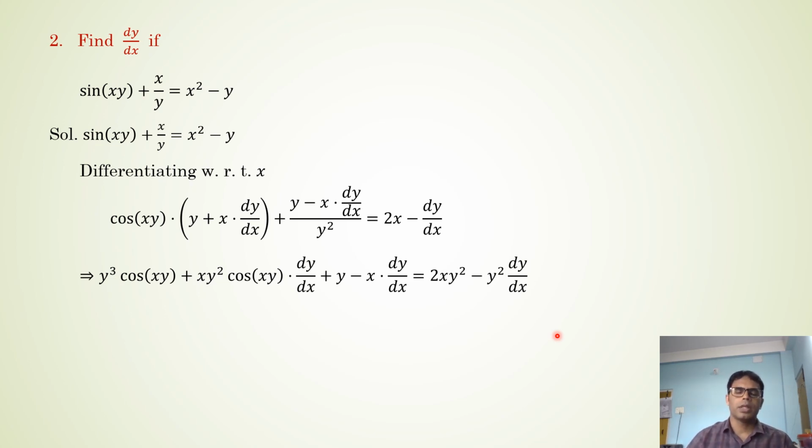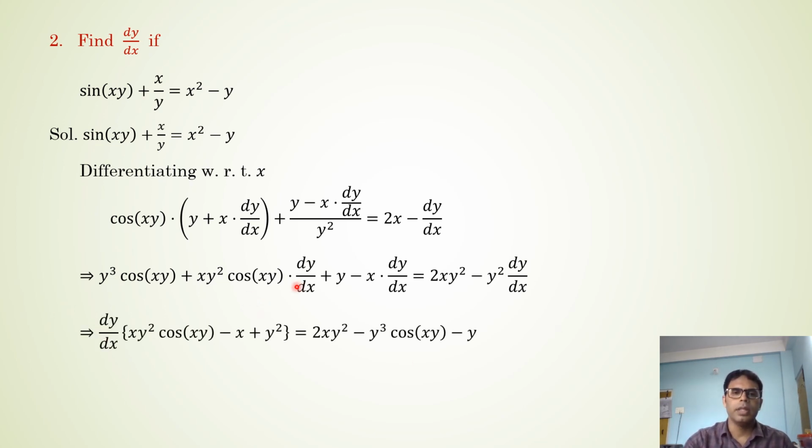After that you just take the terms involving dy/dx on the left hand side. So dy/dx, in this term the term is xy² cos(xy) remaining here because dy/dx is taken common.